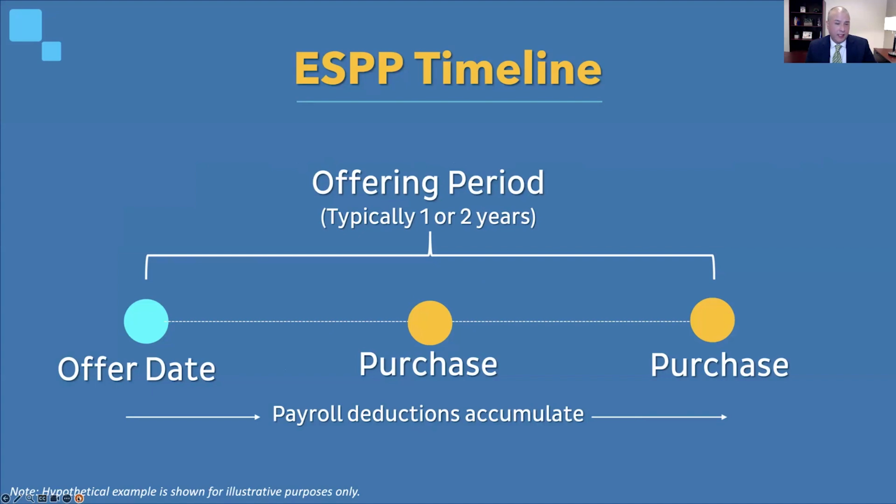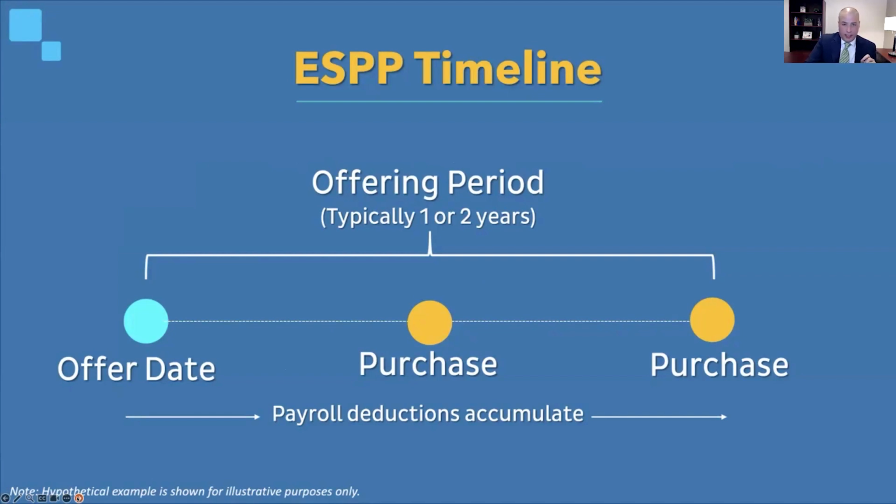First step really is, again, you're choosing to potentially participate in this. This is not something that's just given to you. As an employee, you'd have to enroll into an ESPP plan to be included. At that time, obviously, you agree to the terms and conditions set forth, and you set a percentage of your paycheck that you'd like to have set aside for the upcoming purchases.